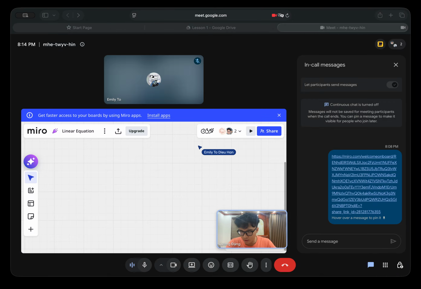So what is linear equation? We have the definition. Alright, so the functions are called linear because they are precisely the functions whose graph in the xy plane is a straight line.